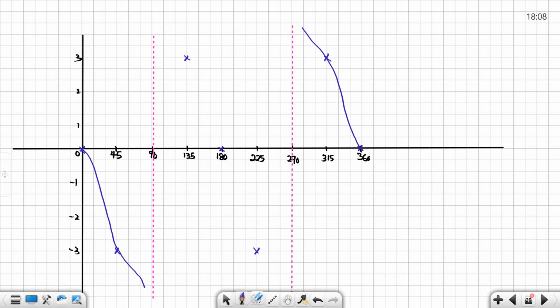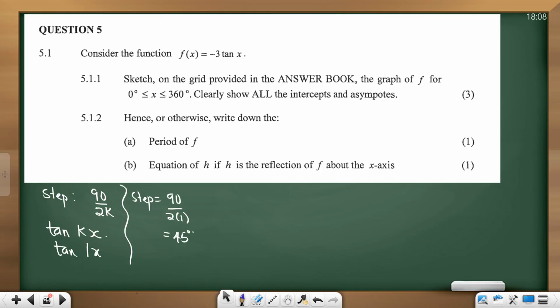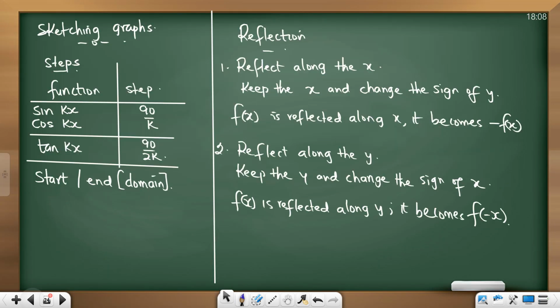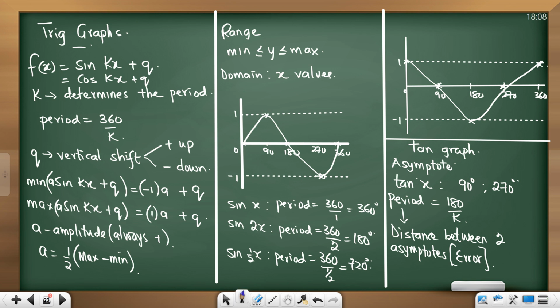Use a pencil so that if you make a mistake you can fix it. That's your tan graph quickly. Make sure you put arrows. By the way, what's the range of a tan graph? Negative infinity to positive infinity.